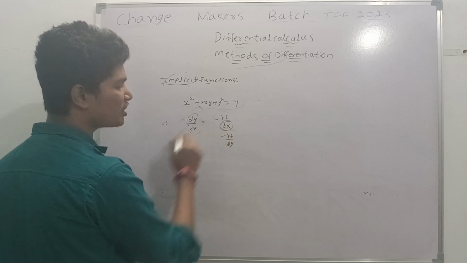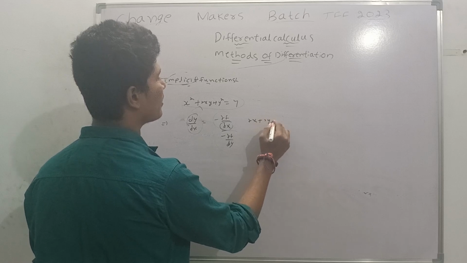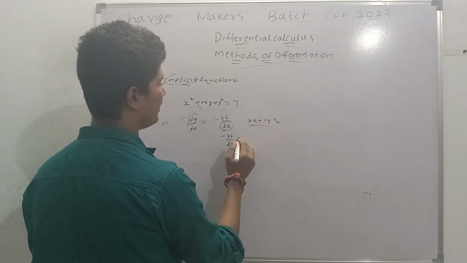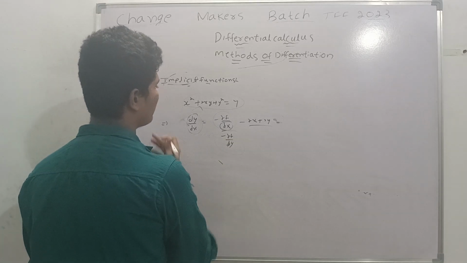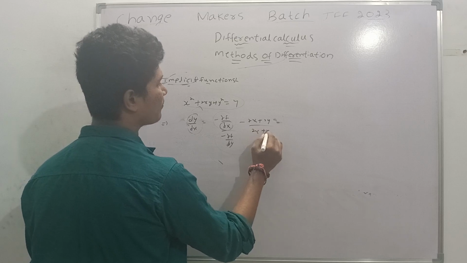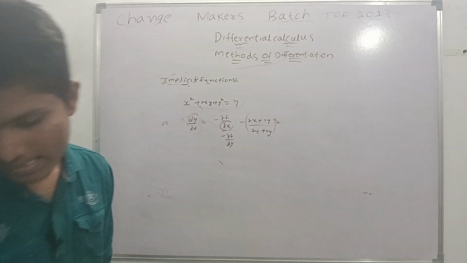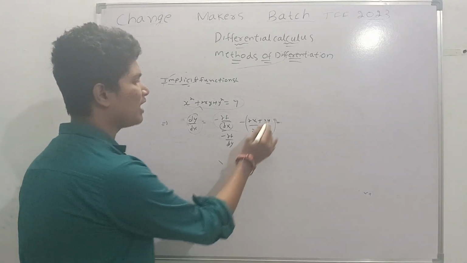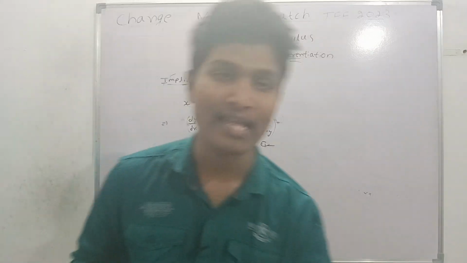Suppose we differentiate with respect to x, what will come? 2x plus 2y, that's it, with the minus sign. And next, what about dou f by dou y? That is 2x and next 2y. That's it. And when we cancel, that is minus 1. This is the answer for the implicit function. So like this you have to do.